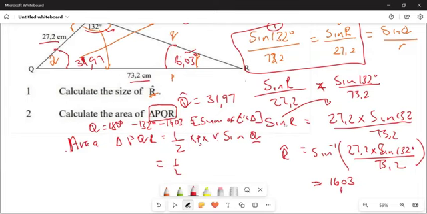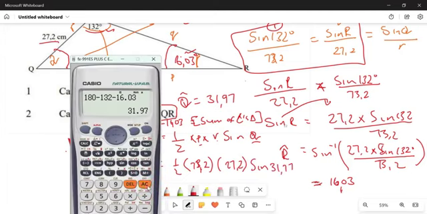You have half. You know what P is. What is P? 73,2. Multiplied by R, 27,2, multiplied by the sine of 31,97.